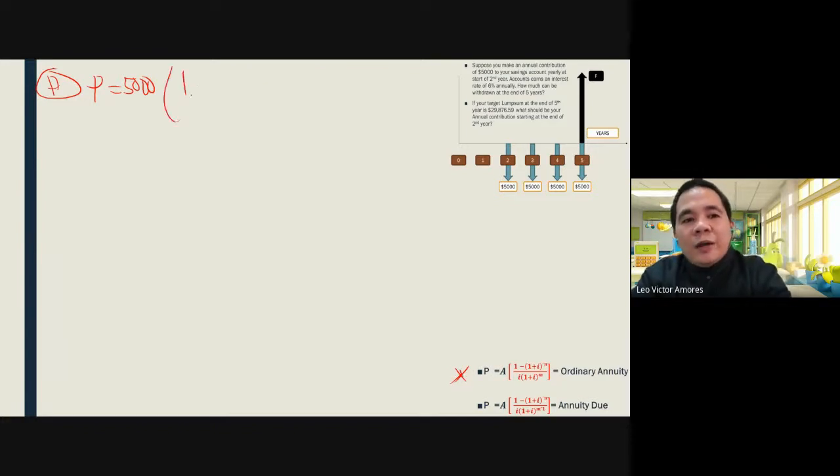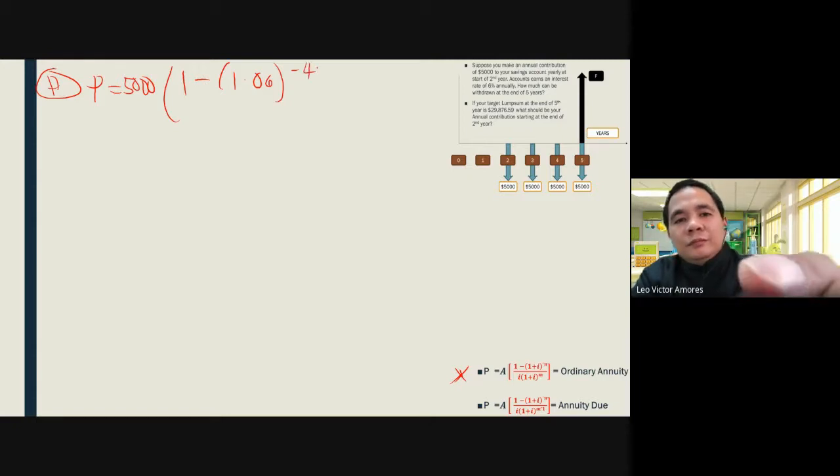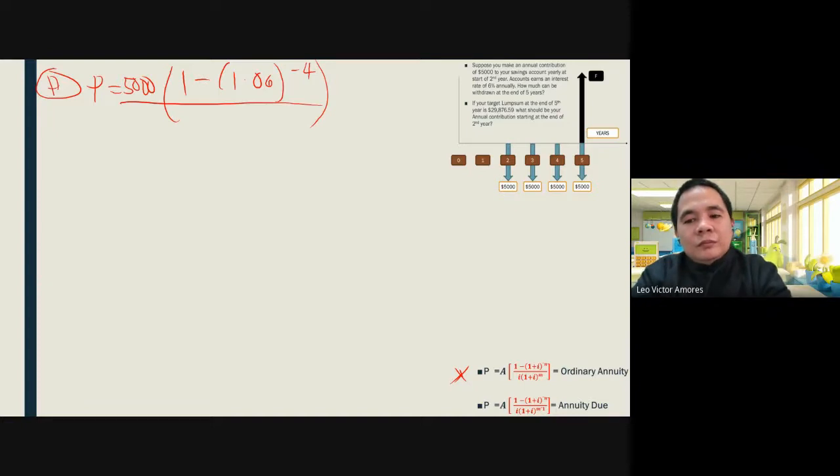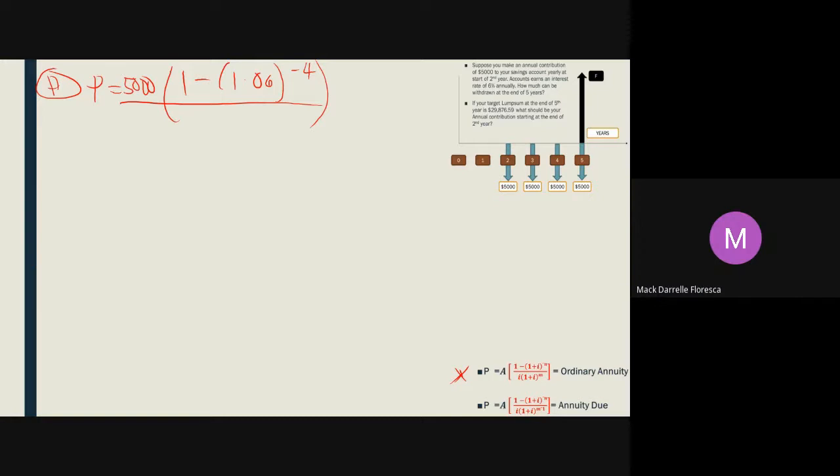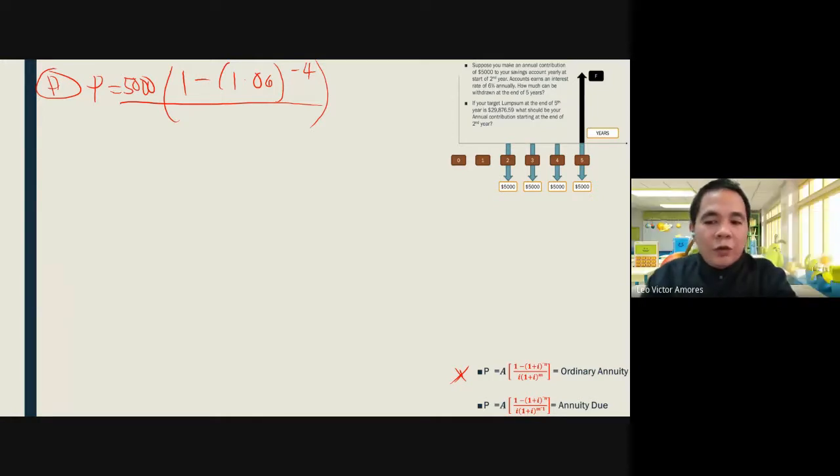So 1 minus 1.06 to the exponent of negative, how much? 4. Right. Yes, sir, because you have 4 payments.